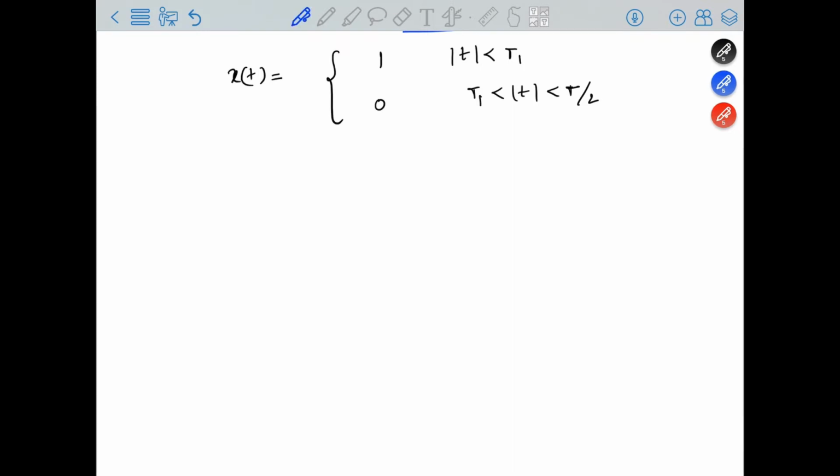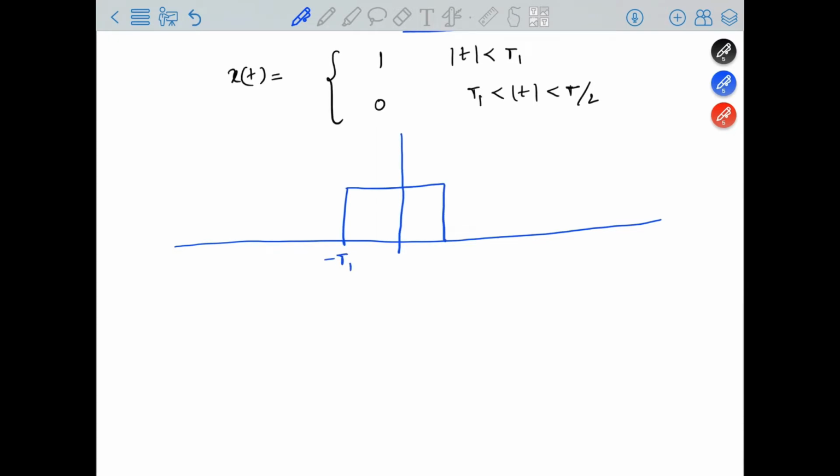We already derived the Fourier series for this kind of periodic square wave, but just to recall, we will do a quick derivation for the Fourier coefficients. The signal varies from minus T1 to T1 and takes a value of 1, and for all other values it takes a value of 0.